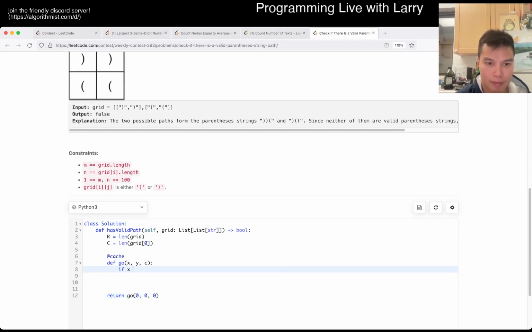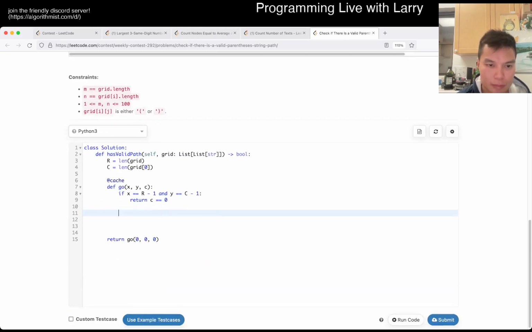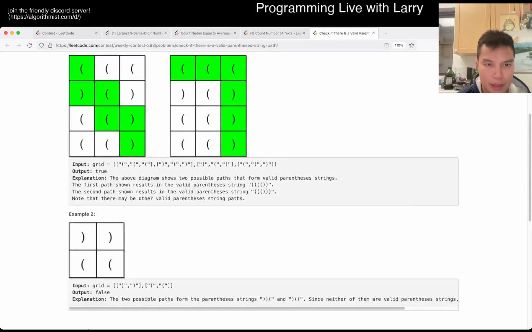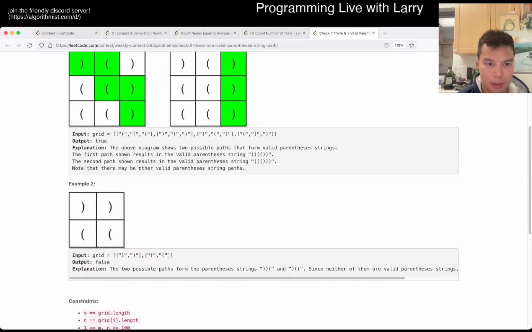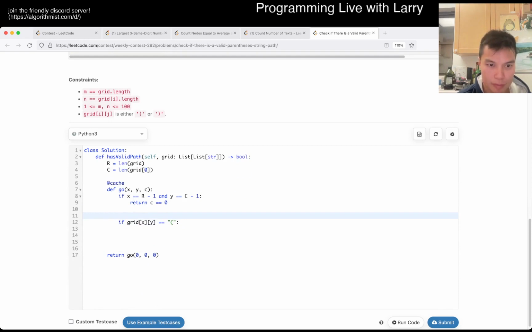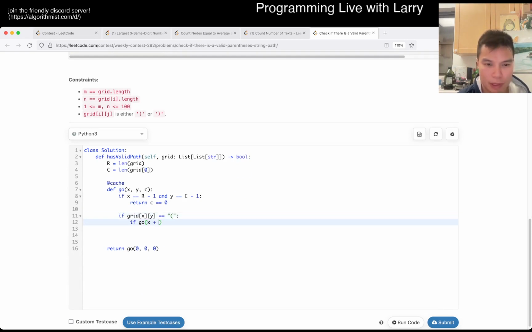Okay, and then now basically we want to add, if go of x plus 1 to the r and to the 1, then return true. Right.